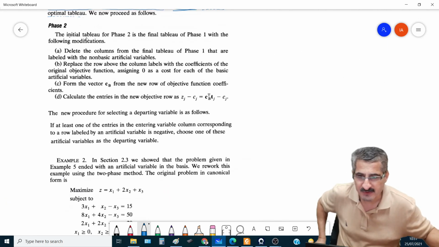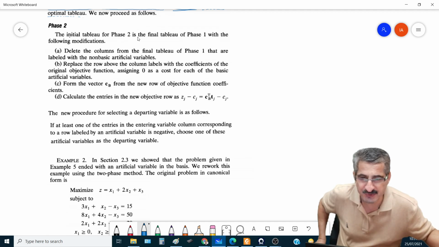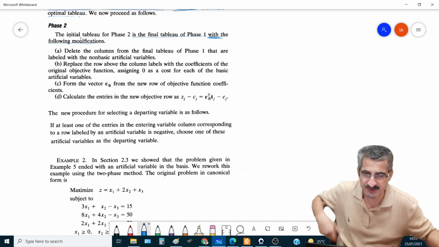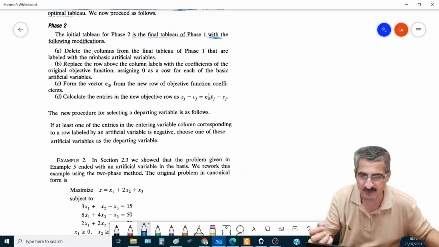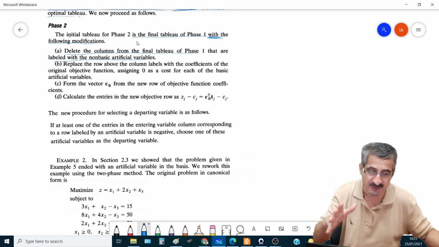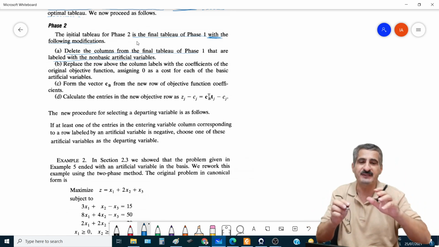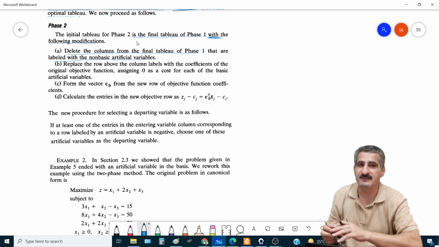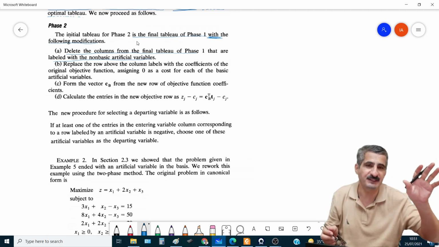So the initial table for phase 2 is the final table of phase 1 with the following modification. So we take the final table of phase 1. What do we do? Delete the columns from the final table of phase 1 that are labeled with non-basic artificial variables. Okay, we know that. Some artificial variables are basic, and some of them are not basic anymore.